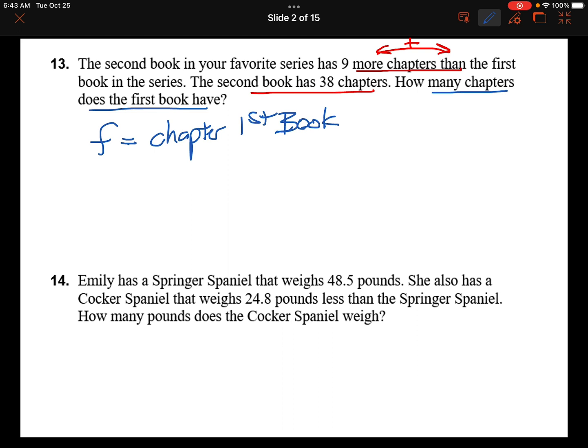The second book, so we go back to the beginning, and it says the second book in the series has 9 more chapters than the first book. Well, the first book we just defined as F, and this is 9. So really what we have is F plus 9 is equal to our second book. Well, it told us here that our second book is equal to 38.